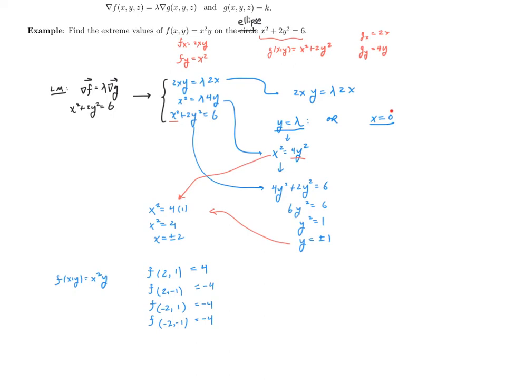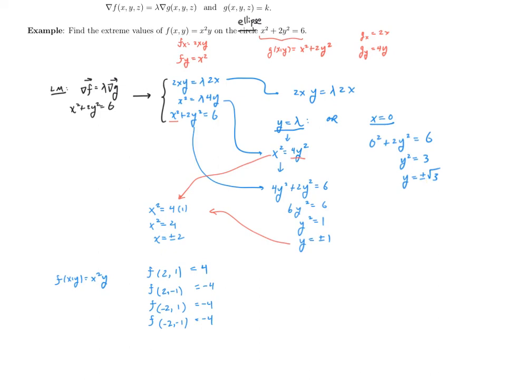We need to do the same thing with x equals 0 to make sure we're not missing anything. Now, the nice thing about x equals 0 is you don't need to worry about substituting that into the second equation. x equals 0 immediately gives you something you can work with via the constraint. So if x is 0, the constraint becomes 0 squared plus 2y squared equals 6. So that y squared is 3, or y is plus or minus the square root of 3.